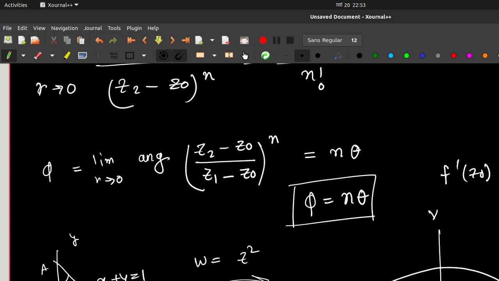These angles will get preserved, however, so this is our A prime, which corresponds to A. This is, let's say, C prime, which corresponds to C. But this angle pi by 2 would not be conserved, rather it would get multiplied by 2, and this will become pi.